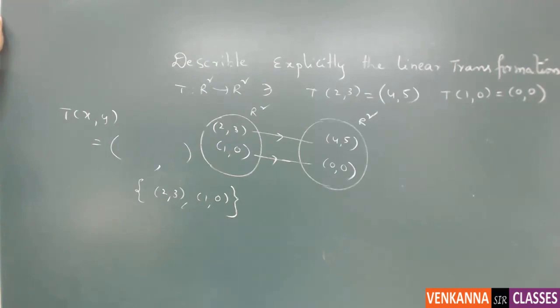Then T of (0,0) equals (0,0,0). So the two-dimensional zero vector is converted into the three-dimensional zero vector. So the image of 0 is always 0 by default. There is no need to do it separately. So I am taking that (2,3) will be changed to (4,5), and (1,0) will be changed to (0,0). Is it possible to define such a transformation? Fine. Now is that clear to all?